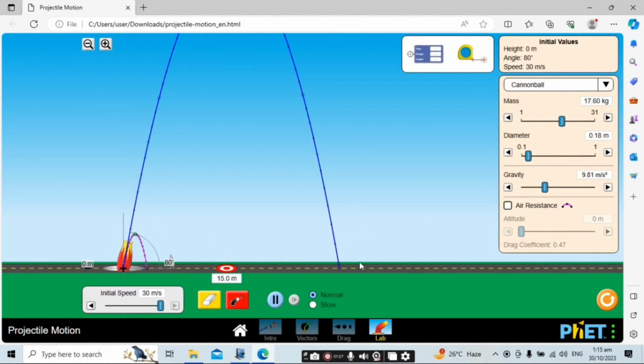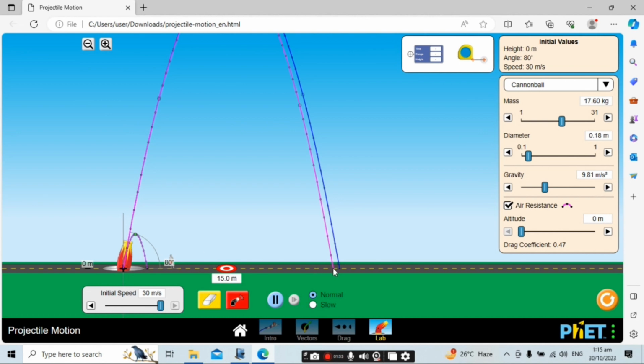Okay, so dito bumagsak yung object natin kung ang initial speed ay 30 meter per second. Okay? Without air resistance. Now, lagyan natin ng air resistance. And let's launch the object. So, dito, most probably, mas makikita nyo yung discrepancy. Ayan, makita nyo, mas malapit ng konti.